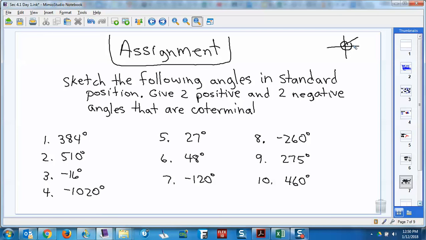But if you go 384, add 360, add 360, those could be your 2 positive ones. If you take 384 minus 360, that's still positive, so that doesn't count as one of your negative angles. You're going to have to subtract 360 again. I want 2 angles that are positive and 2 that are negative for each one. Same thing with 510 and negative 1020.